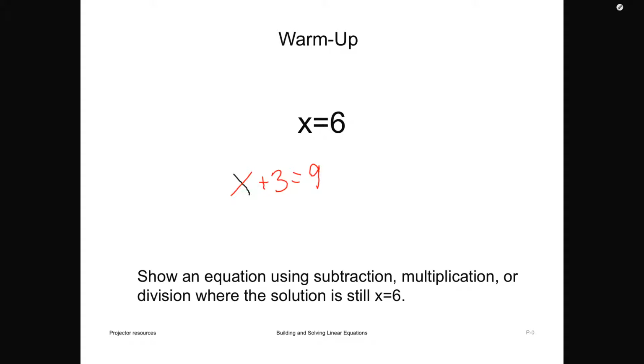Let's see, 6 times 40 is 240 and 6 times 7 is 42. No, you're good. I like how you used division like that. Awesome.